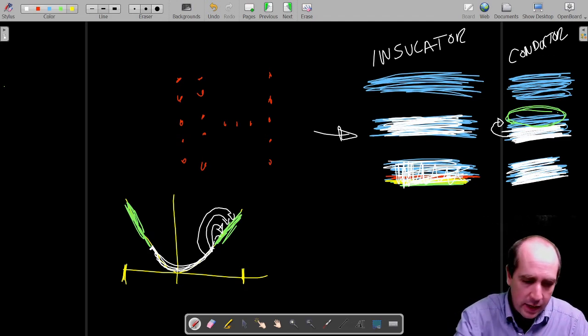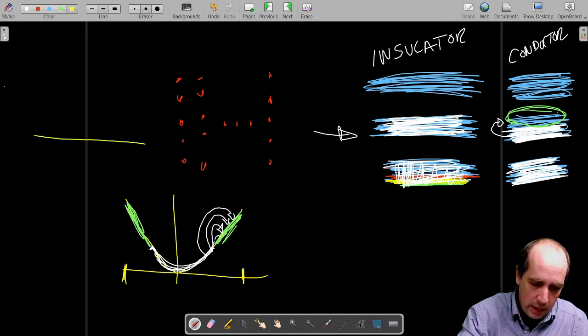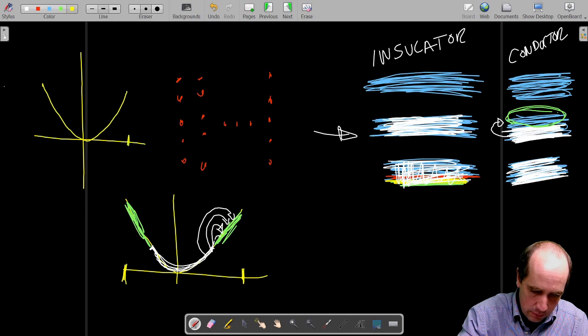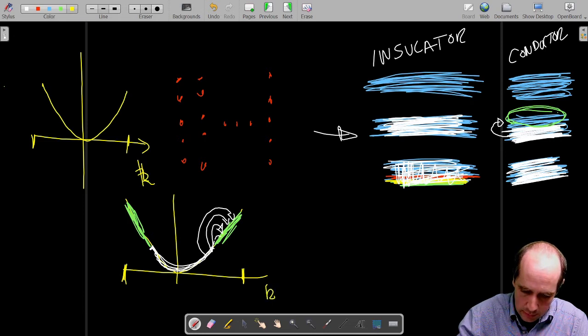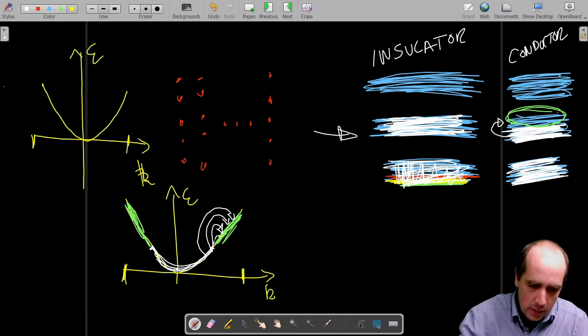While in this other case, the insulator case, which I will draw over here, let's say this is the first Brillouin zone, this is the k vector, which I forgot to put in the previous one, this is the energy, okay?